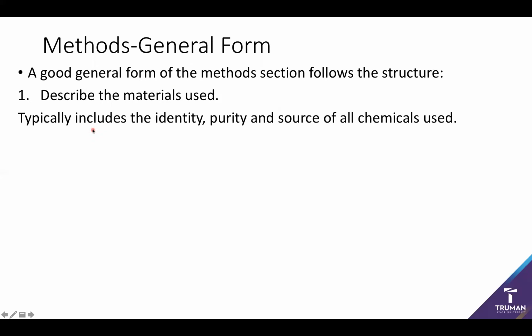And this is going to include the identity of the material, so exactly what chemicals, the purity and concentration, because if I need to prepare 6 molar HCl, it's going to be very different from 0.1 molar. And again, if you have a rough idea of general volumes, this can go along with this idea of purity. But here's another important thing, which is the source of all chemicals used. And this is something that in teaching labs, we're often a little bit lax on.